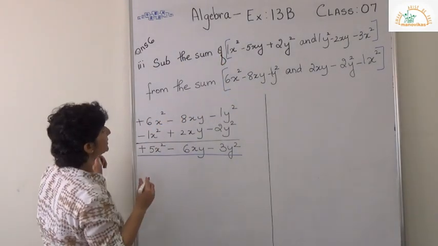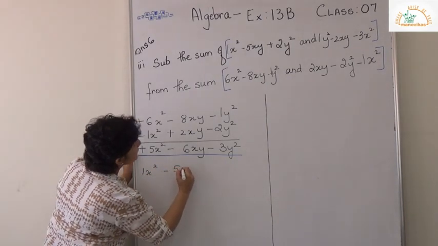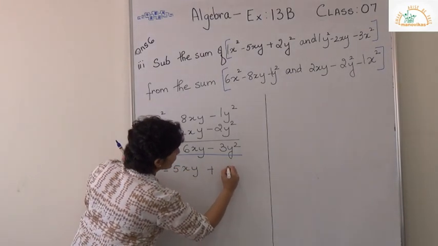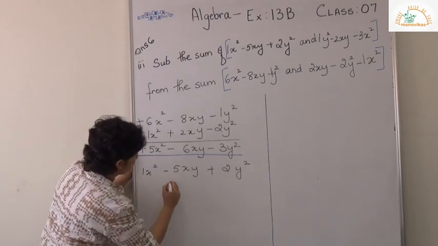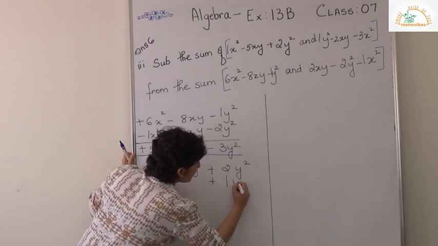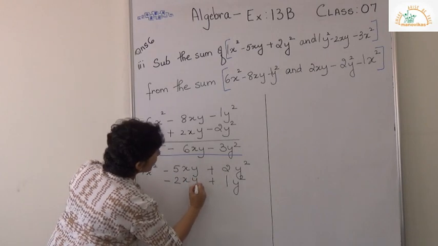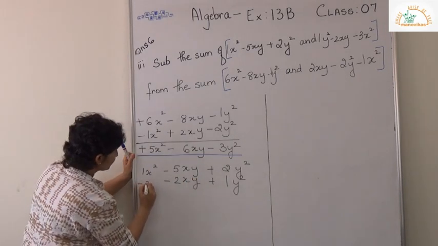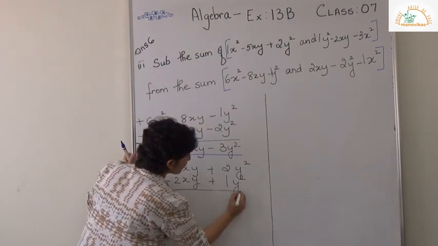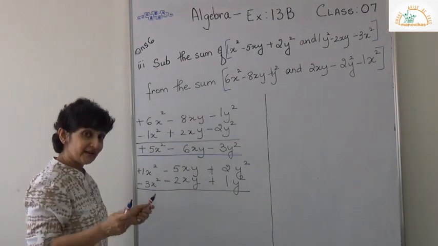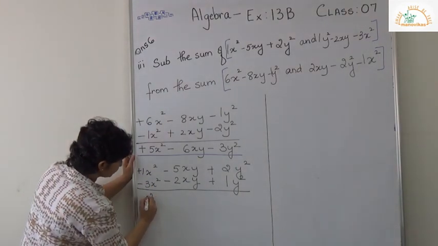Now let's add that. So 1x squared minus 5xy plus 2y squared. Then we have plus 1y squared minus 2xy minus 3x squared. When there's nothing, it means plus, right? All I need to do again is add. So different family, subtract.